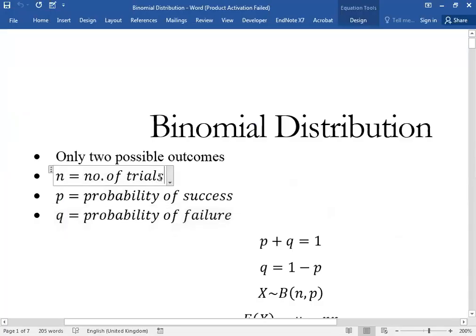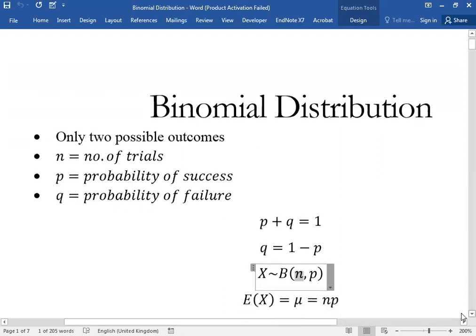N is the number of trials, P is the probability of success. P और Q को add करूं तो 1 है, Q is 1 minus P, and this is a notation for writing a binomial distribution. If your particular variable is binomially distributed, सही है, which variable is this? This is a discrete random variable which is binomially distributed, और इसकी notation में समझो लिखा हुआ था ब्रैकेट में N is the number of trials and P is the probability of success.